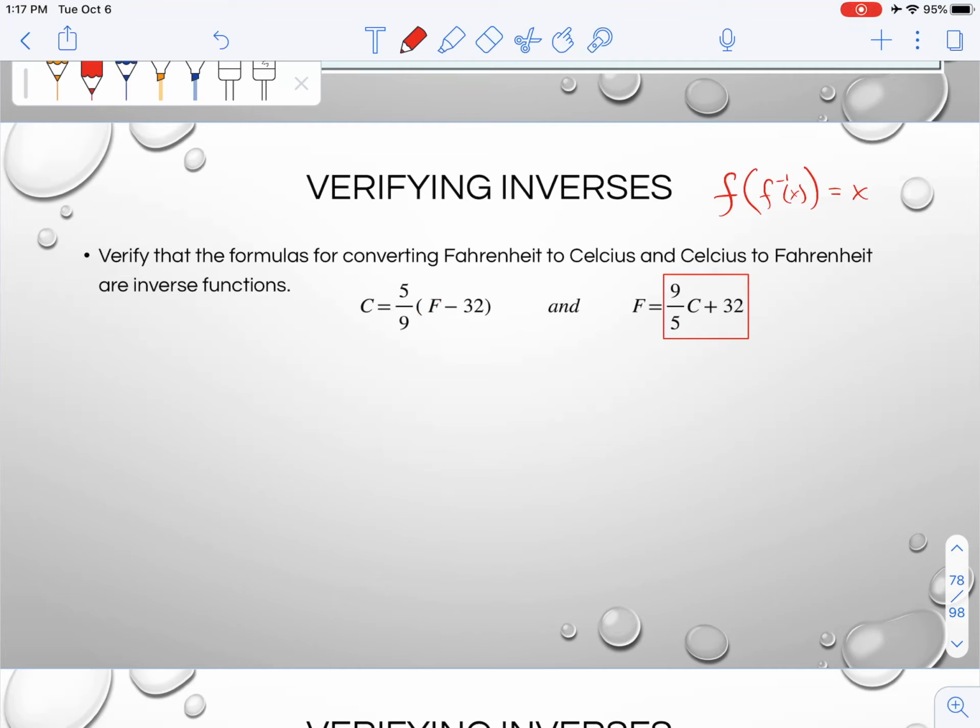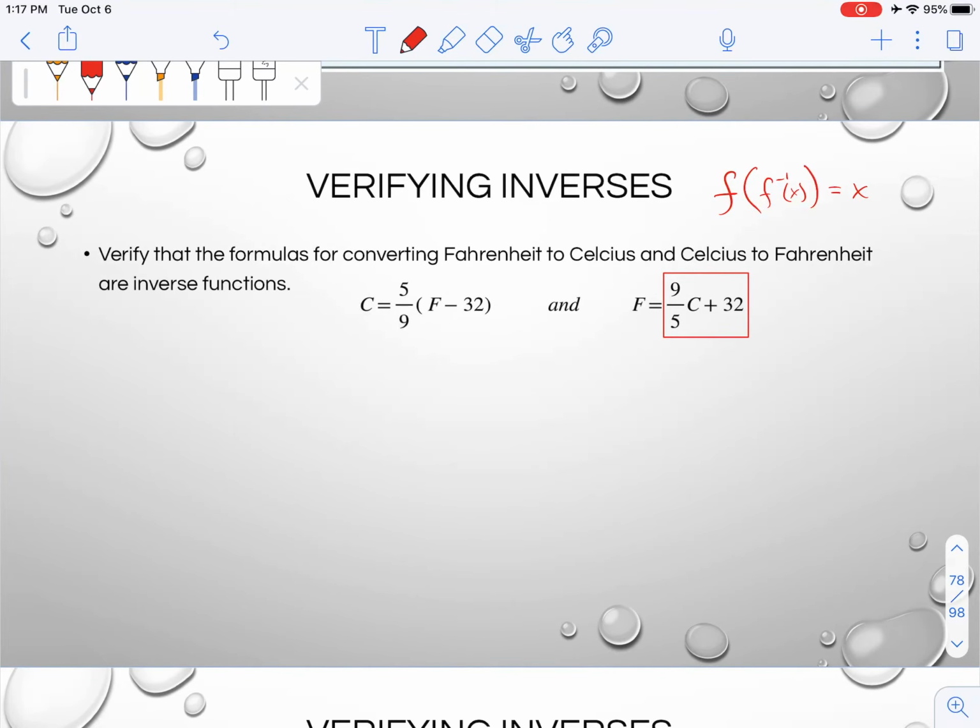All right, so if I do that, this would be essentially C of F. It's kind of confusing. What I'm really going to do here is C of F of x, and I'm going to verify that they're inverses.